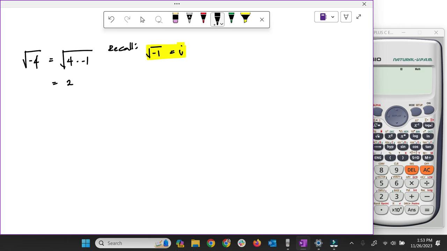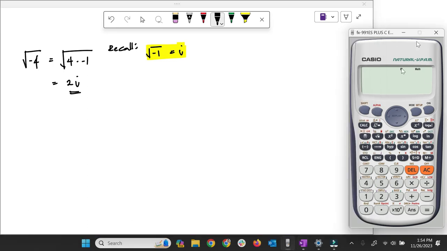Okay? And, ang matitira sa atin is the square root of -1, and the square root of -1 nga is i. So, therefore, the answer is 2i. Ngayon, pwede mo din siya makuha sa calculator mo as long as naka-complex mode ka. So with that, you can simply type the given here, which is the square root of -4, and you will arrive with the same answer.